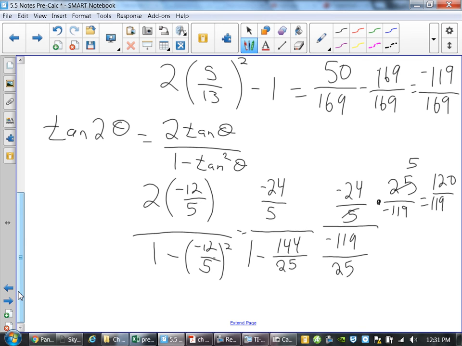If we go back to what we had, the sine of the double angle wound up being negative 120 over 169. The cosine of the double angle was negative 119 over 169. The tangent of our double angle wound up at 120 over 119.